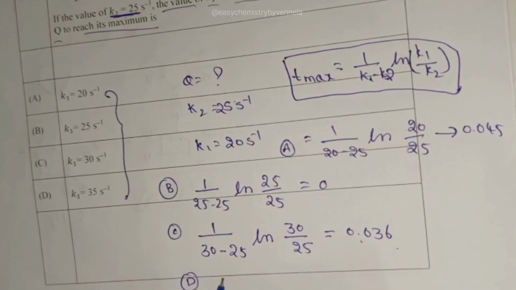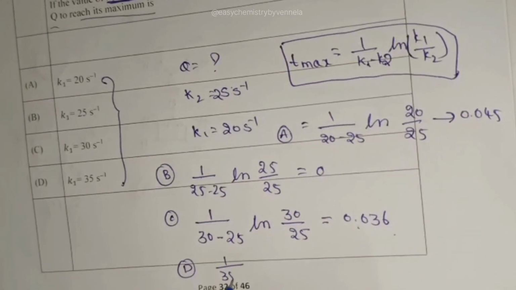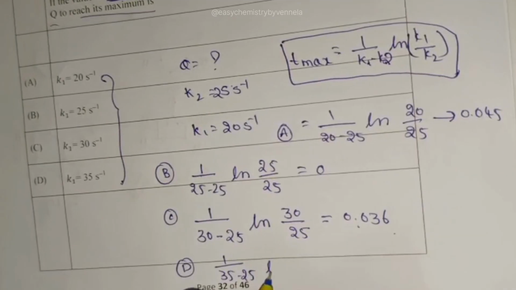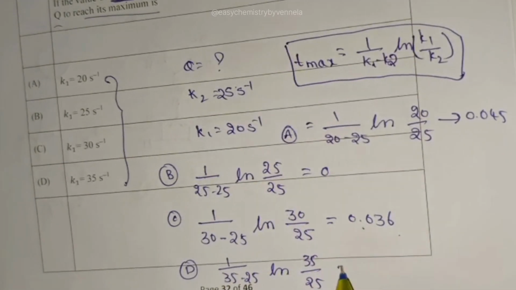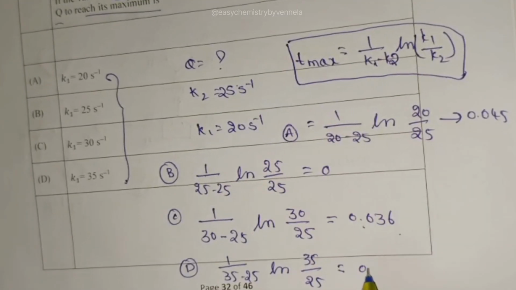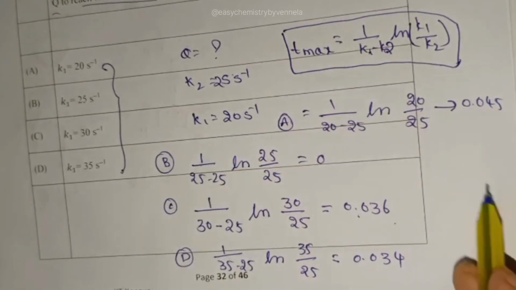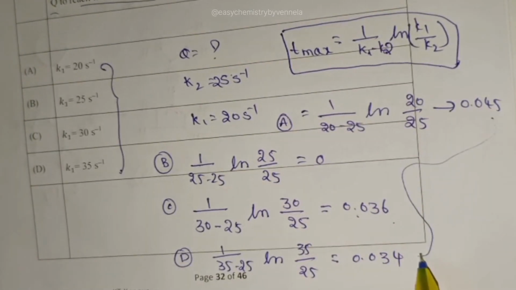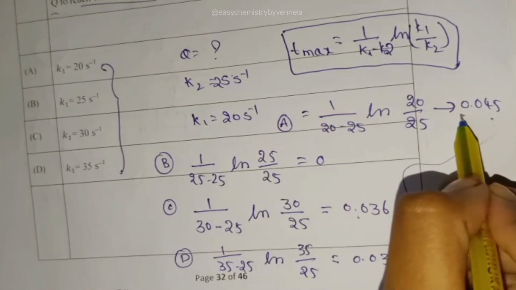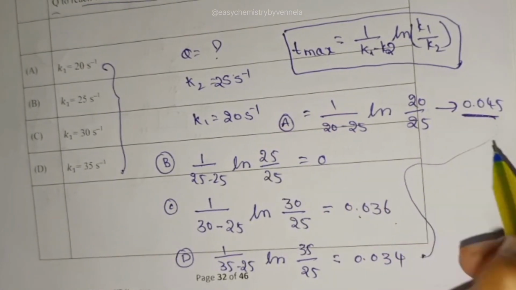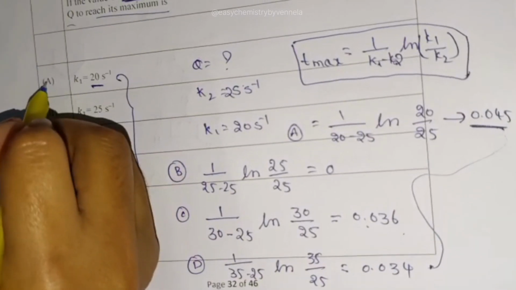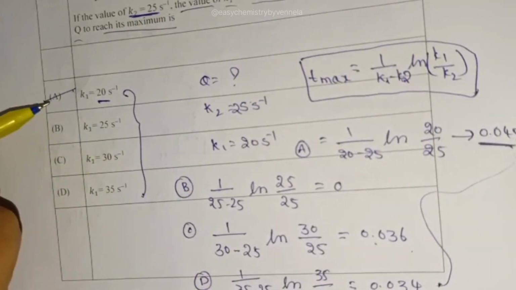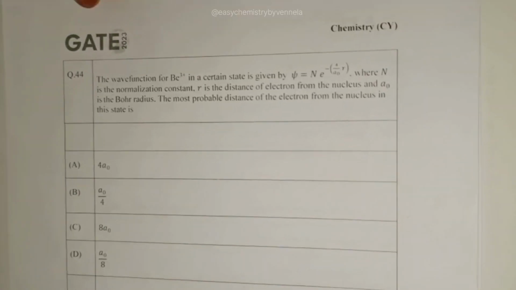Next D, 1 by 35 minus 25 ln 35 by 25. Here the approximate value is 0.034. In these four options, which one is maximum? Option A, that is K1 is equal to 20.